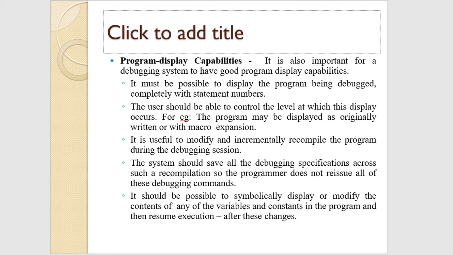For example, if we make some change during debugging, that change should be reflected. Then it should be possible to support symbolically displaying or modifying the content of any of the variables and constants in the program. After all these changes, the execution is resumed.